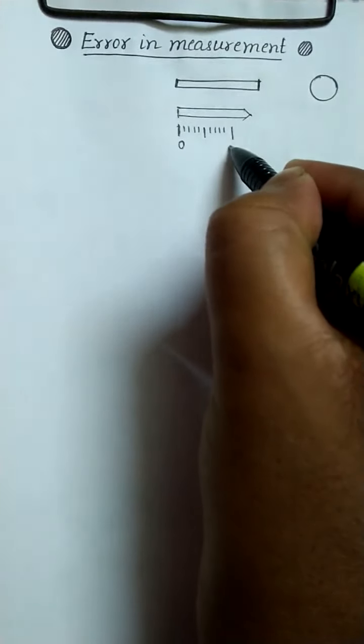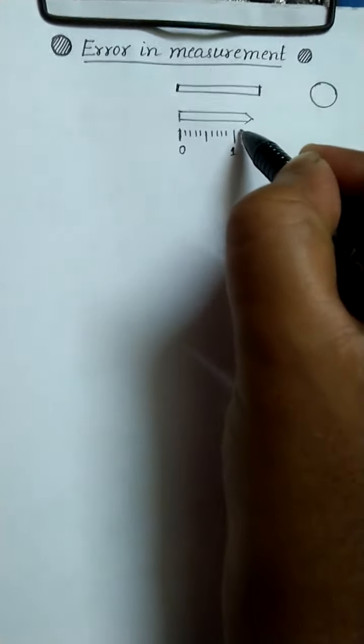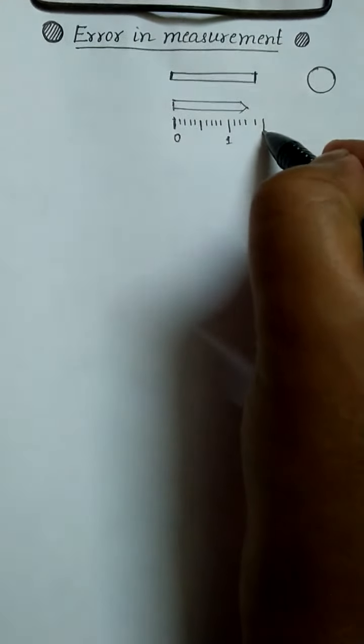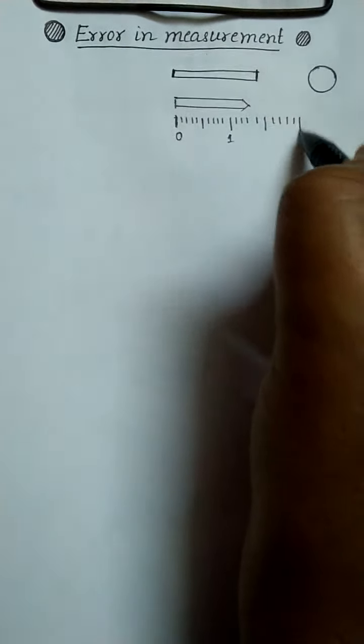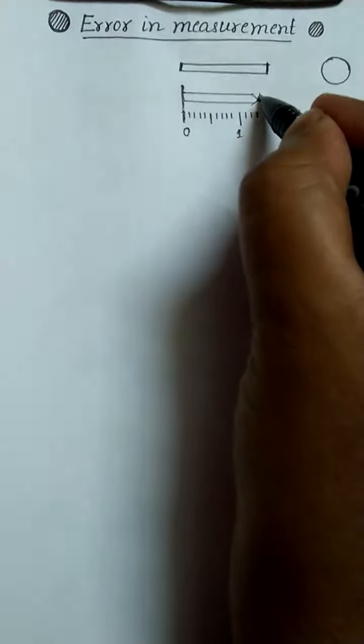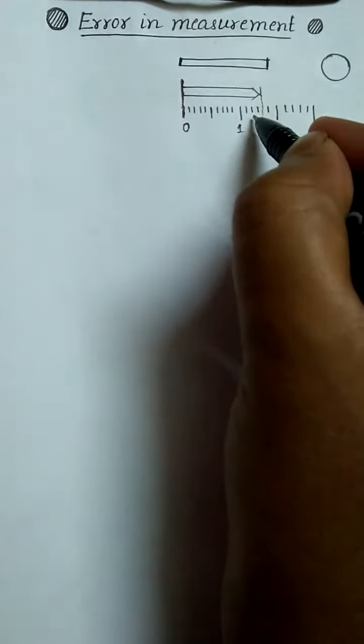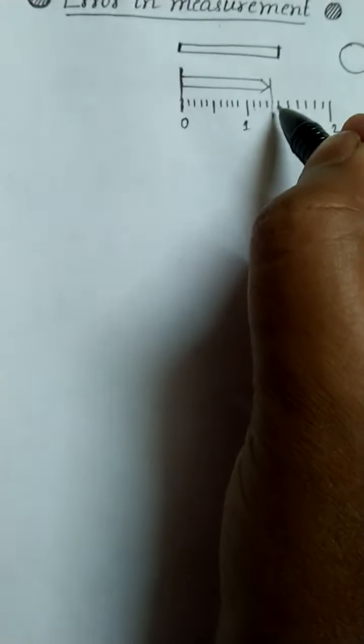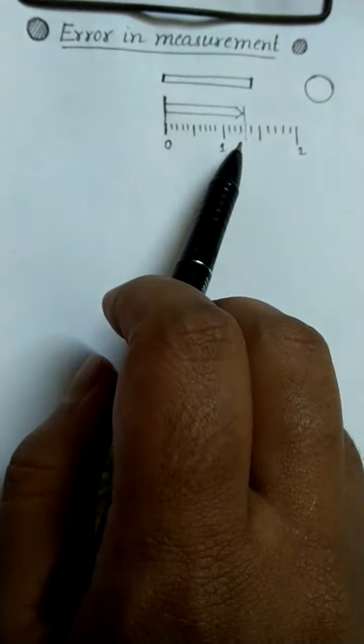Let's say this is 1 centimeter, then 1 2 3 4, 5 6 7 8 9 10, this is 2 centimeter. But look, 0 is with it, but this line is actually between 1.3 and 1.4. This is a very common case.